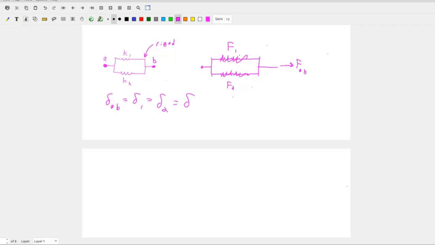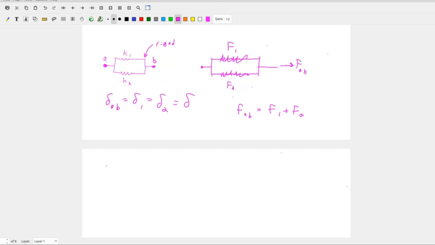No, right? Our forces are going to be different, but the sum of the forces will add up to force AB. So we end up with force AB is equal to force 1 plus force 2. Again, we can substitute our equation in, K equals F over sigma.